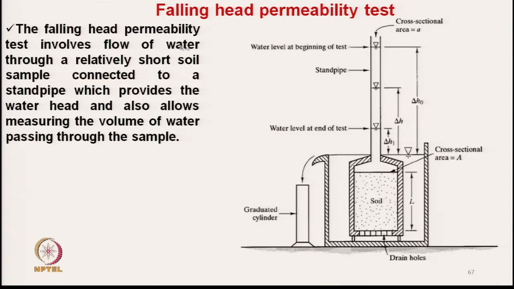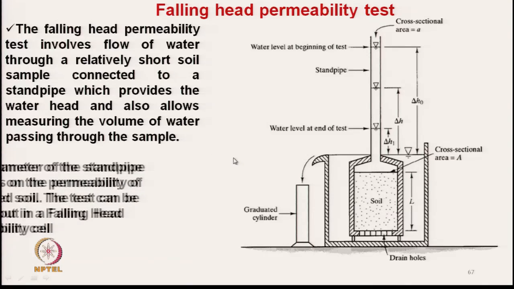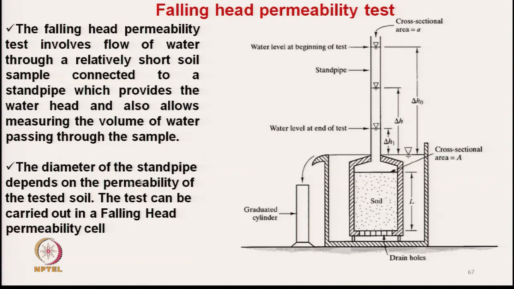The falling head permeability test involves flow of water through a relatively short soil sample connected to a stand pipe, which provides the water head and also allows measuring the volume of water passing through the sample. The diameter of the stand pipe depends on the permeability of the test soil. So, this falling head permeability test is basically for the soil.